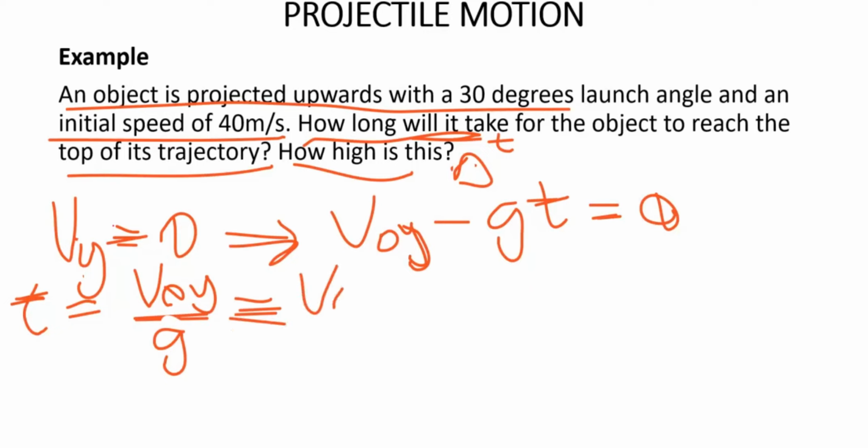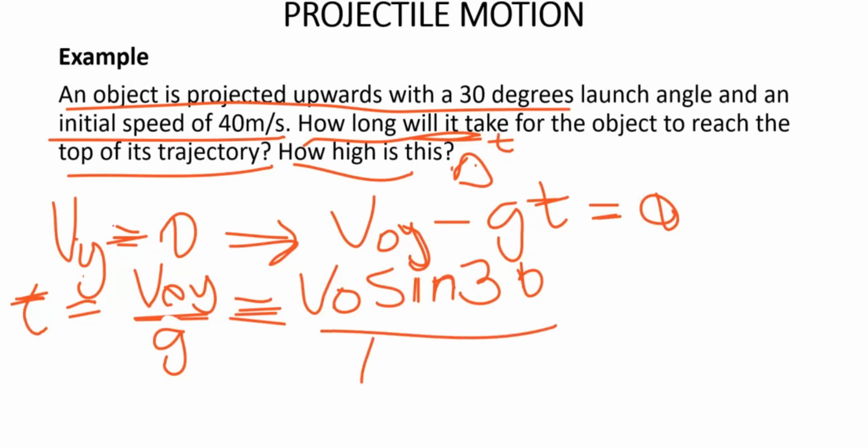V0 sine theta, because of the angle, on the y-axis it is sine. So sine 30 all over g, which is 10.